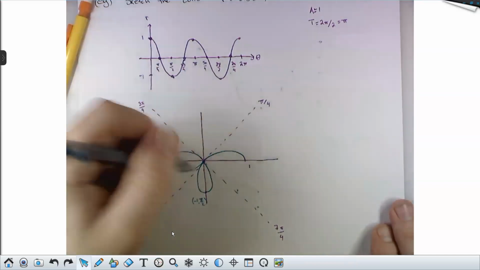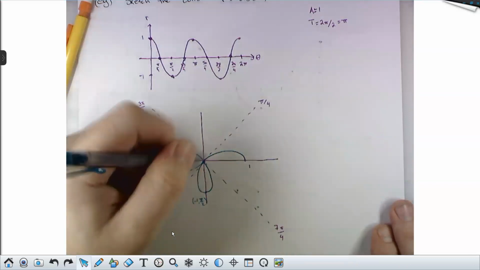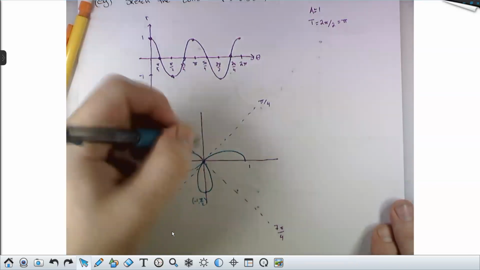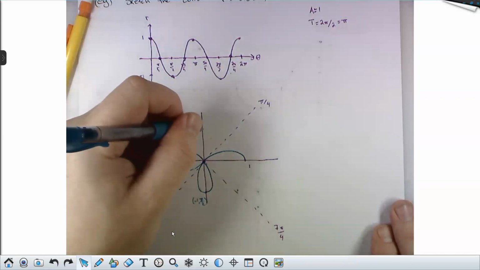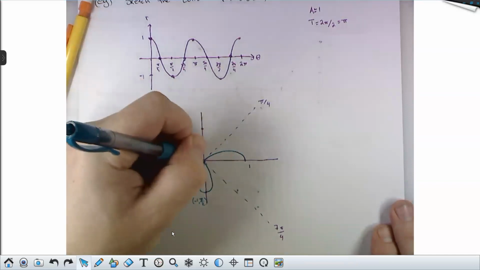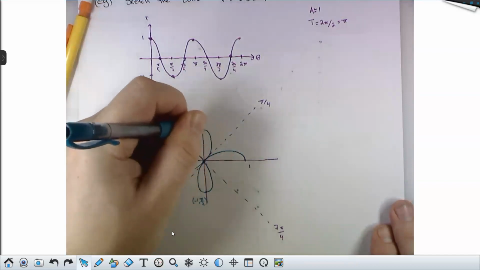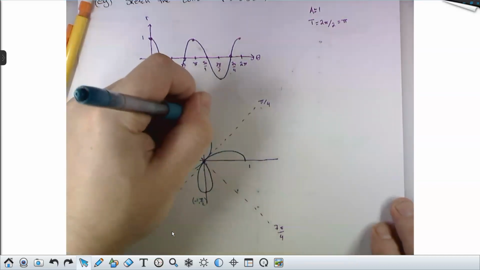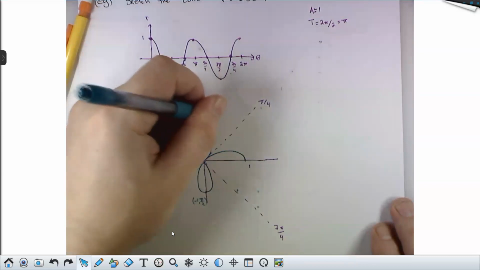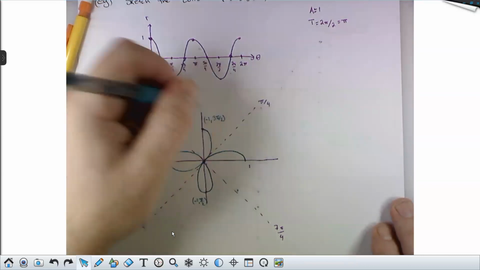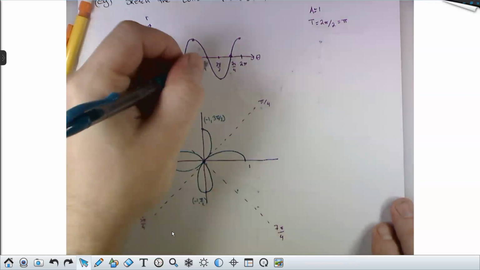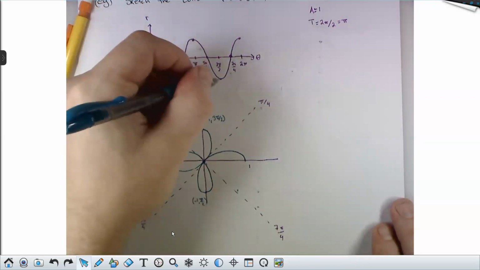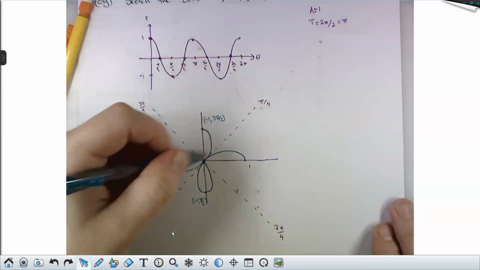It's negative though, so rather than running 0 out to 1 like this, we're running out like this. This is 1. And we're going to get here. This would be the polar point -1, comma, 3 pi over 2. So that portion of the graph here produces this portion of the graph here.